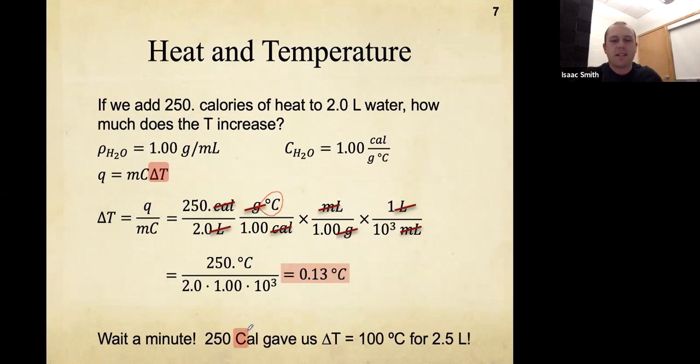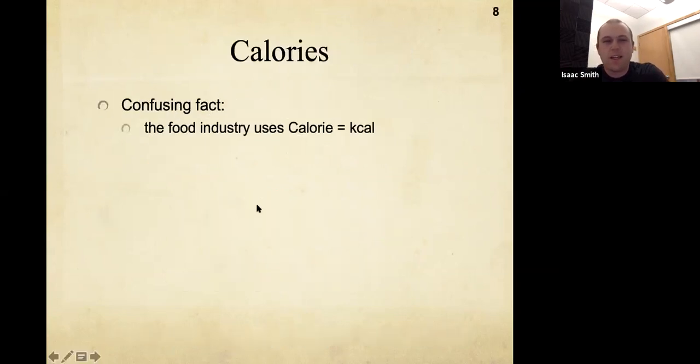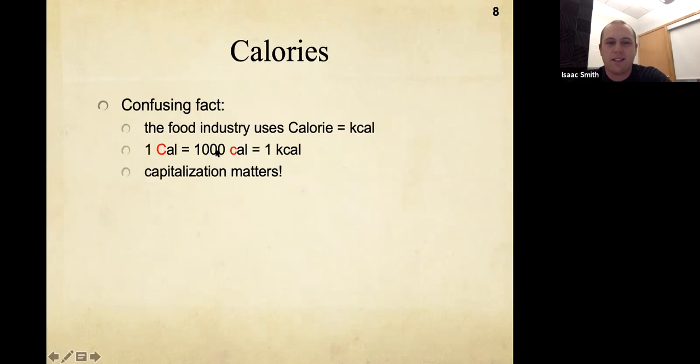In the beginning we said calories and I had a capital C. There's calories with a capital C and then there's calories with a lowercase c. The food industry uses calories with a big C, and that is actually equal to 1 kcal of a smaller c. The actual calorie is with a small c.